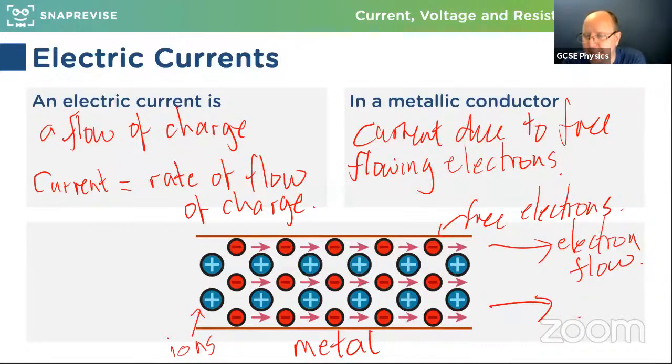Some of you might remember from your lessons that it's slightly different when we talk about current. Which direction do we talk about the current going in? If the electrons are flowing left to right, which direction is the electrical current going?